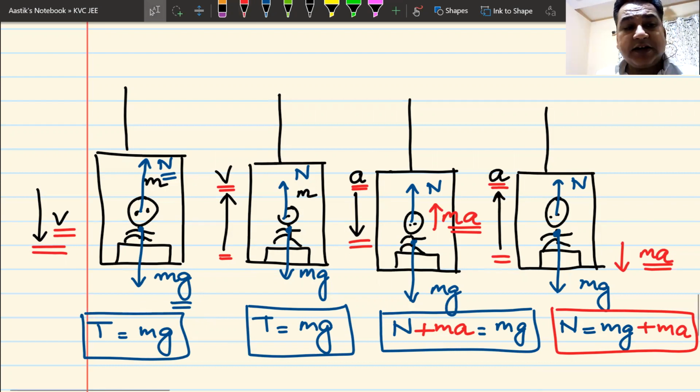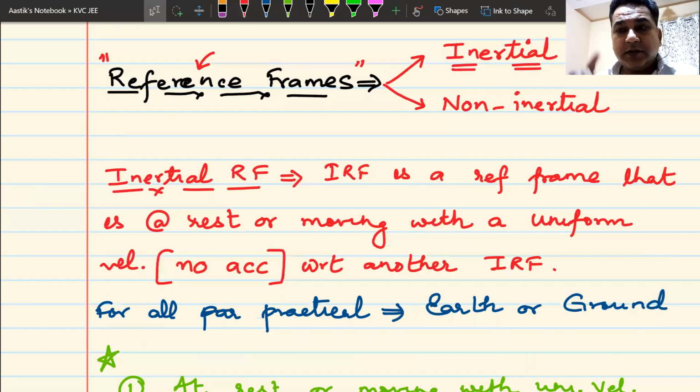Let us have a quick recap of what we have done today. Number 1, we had seen what are inertial and non-inertial reference frames.